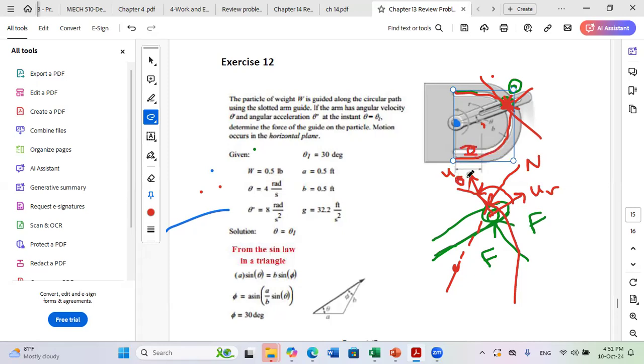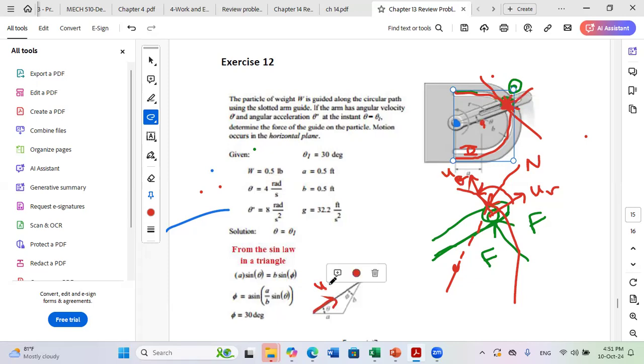Your only problem is with N, how to find the angle between N and UR. In this problem, it's simple because you have a circle, so you know the direction of N. N is passing by this point. So if I want to illustrate it here, this is the direction of UR.